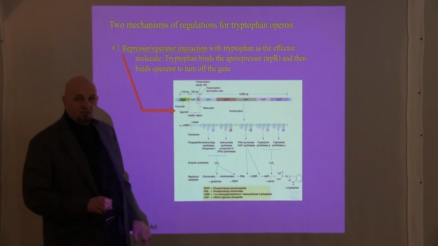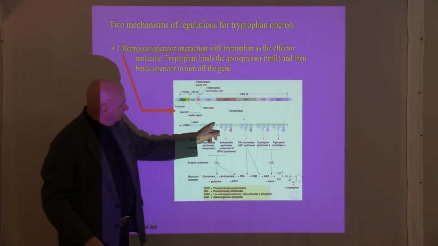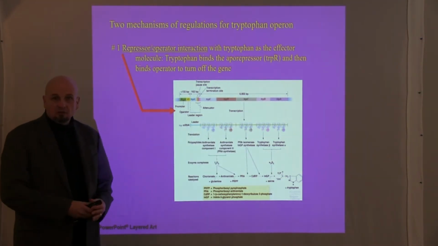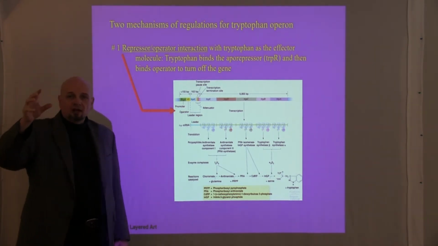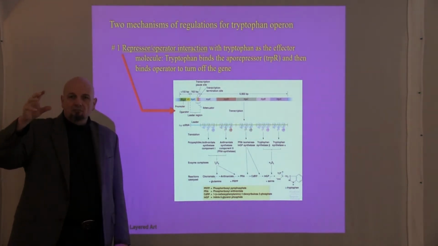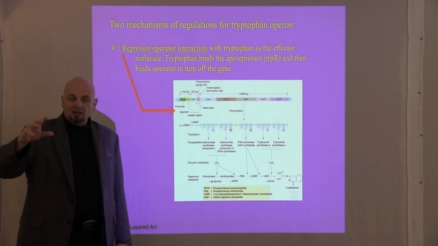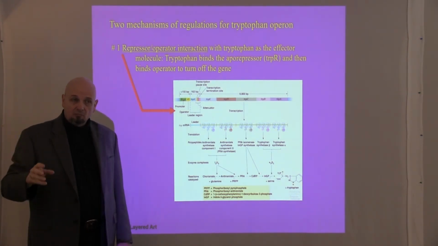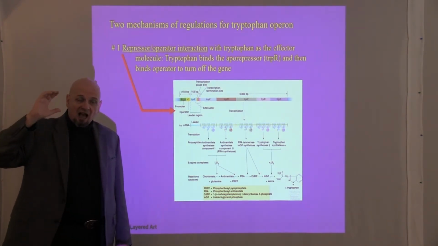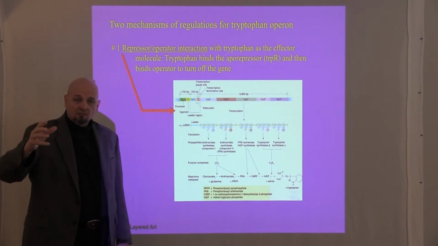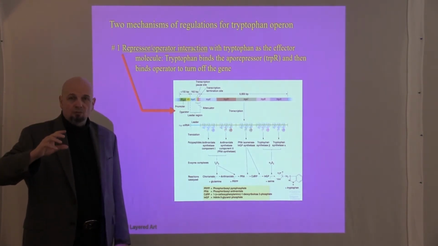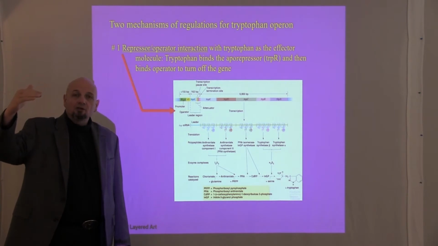This is actually used as a volume control on how many of these genes are expressed. If you think about it, in each cell, based upon what polypeptides it's producing, it has to have a certain amount of tryptophan. But it doesn't have to have a high dose of tryptophan sometimes. Sometimes it just needs a low dose to keep everything operational.